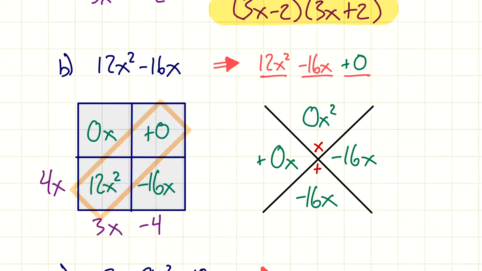Now this other one has to be 0, right? Because negative 4 times 0 is 0, 3x times 0 is 0, and that's pretty much it.